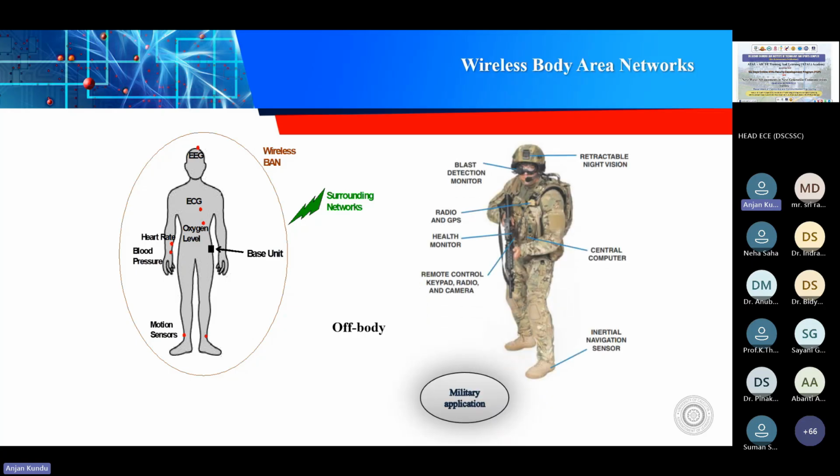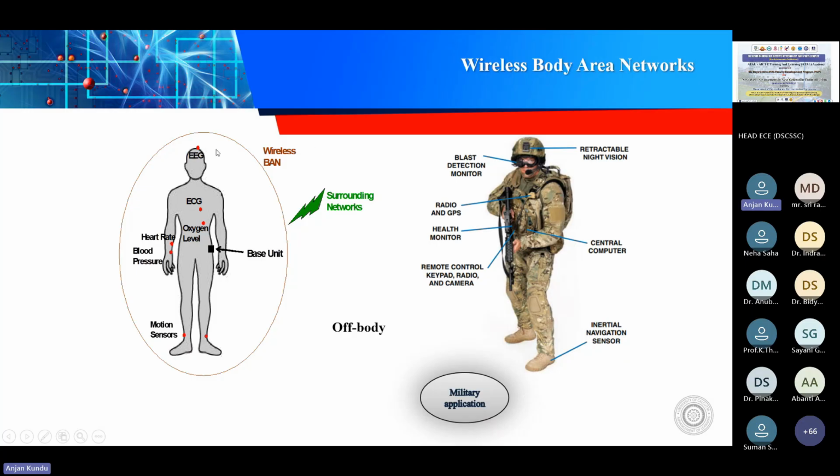In case of military also, we can use off-body communication or off-body IoMT. It's a common practice right now in our army that we can monitor the vital parameters of a soldier who is at the war front. Whenever the soldier is in the battlefield, we can remotely monitor the vital parameters of that soldier, and we can calculate the stress factor of that soldier, and depending on that stress factor, we can command that soldier to come out of the battlefield or to retreat.